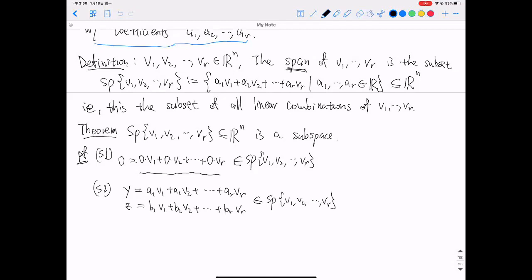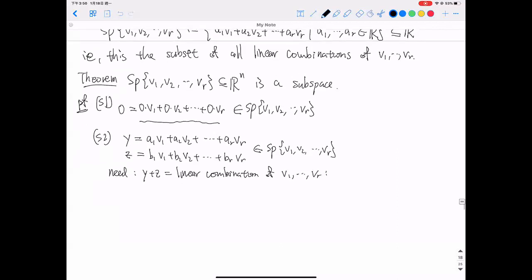For S2 to hold, we need Y plus Z to be in the span, which means we need Y plus Z to be a linear combination of the v's.